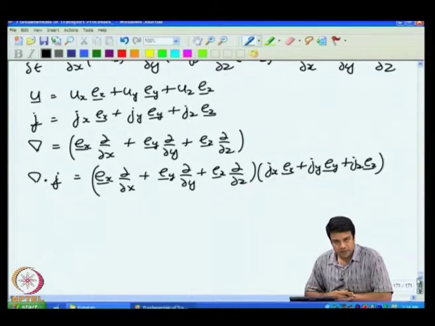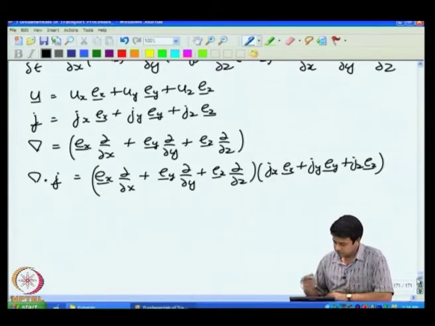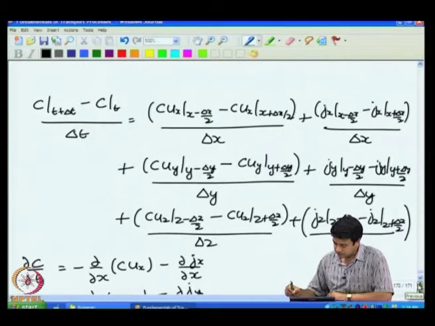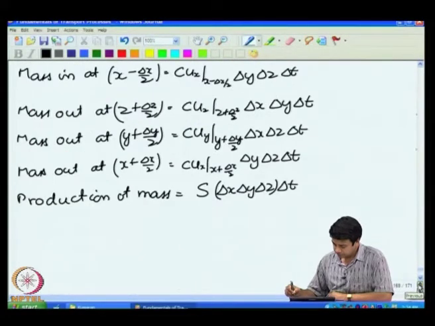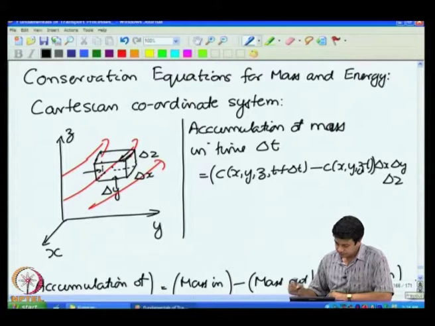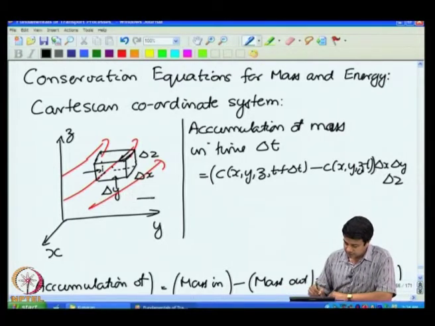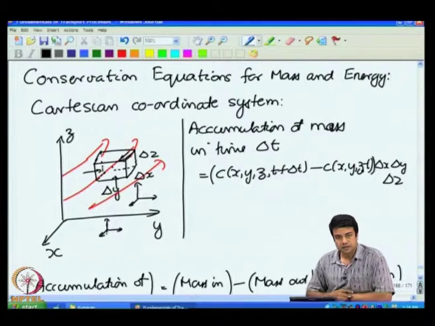When we take the derivatives, the unit vectors are independent of position. In this Cartesian coordinate system, the unit vectors are exactly the same at each location. The 3 unit vectors, they are exactly the same at each and every location. So, they are independent of position.